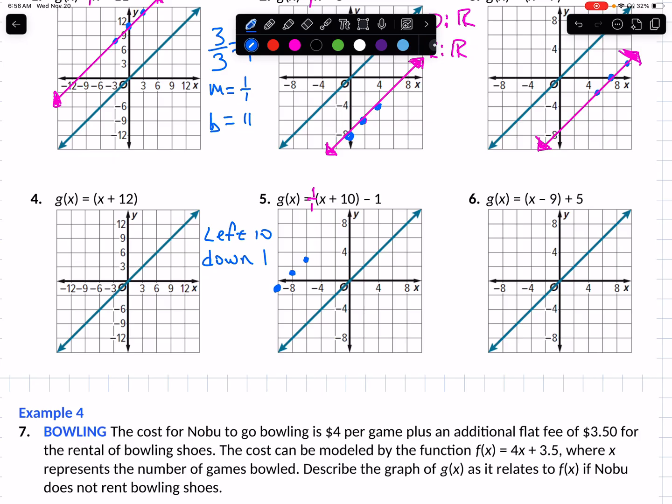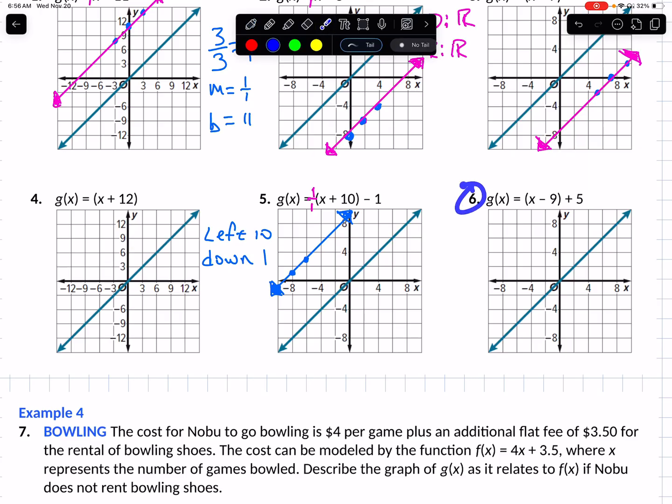And we can keep going on the dots, but you need at least 3 so that we understand you know what the graph is doing. Okay, and that's our graph.